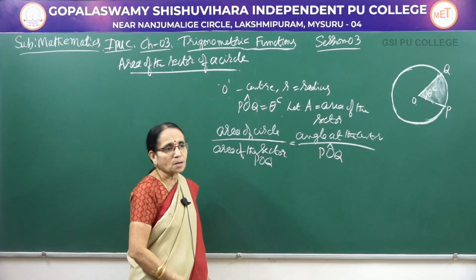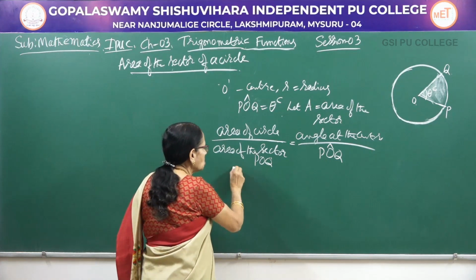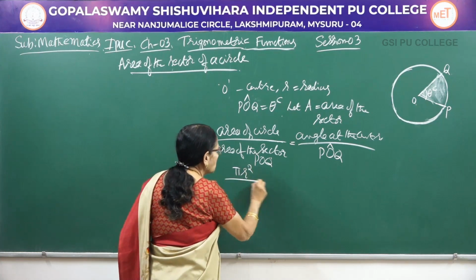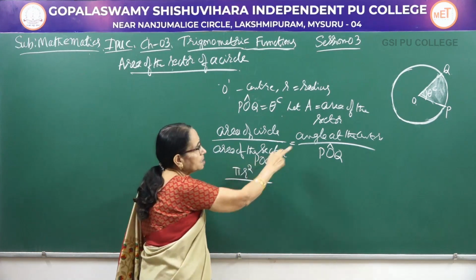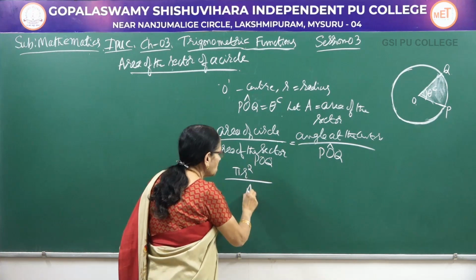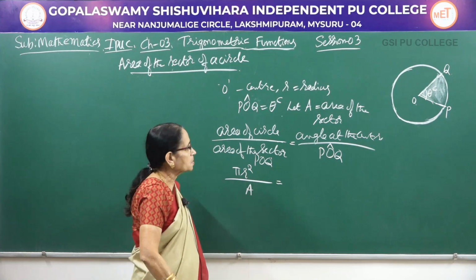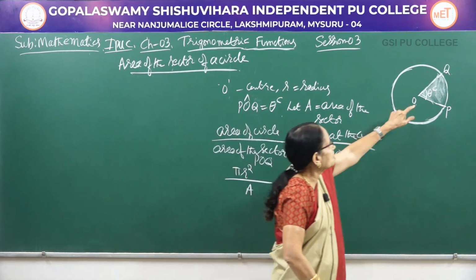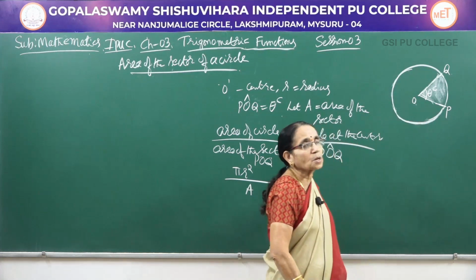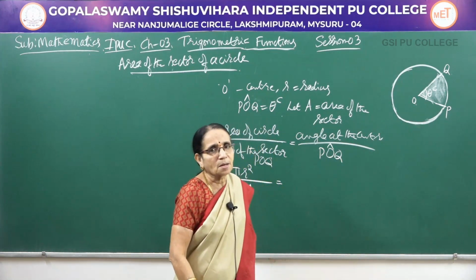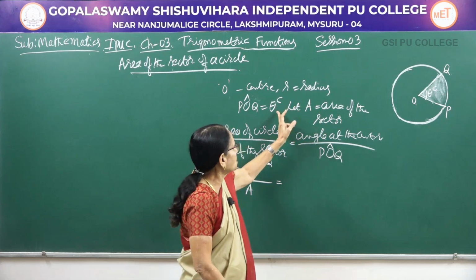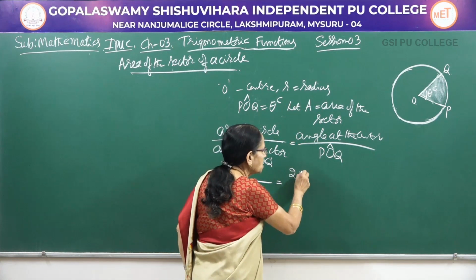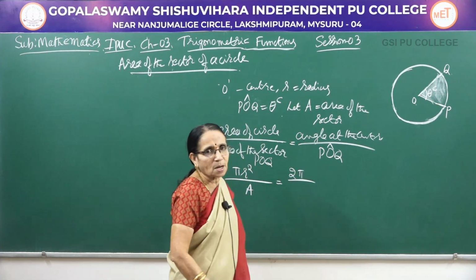Now, the area of the circle is pi r square, divided by the area of the sector, which I have denoted as A. Angle at the center means the full angle, which is 360 degrees. I am using radian here, therefore you can write it as 2 pi radian.